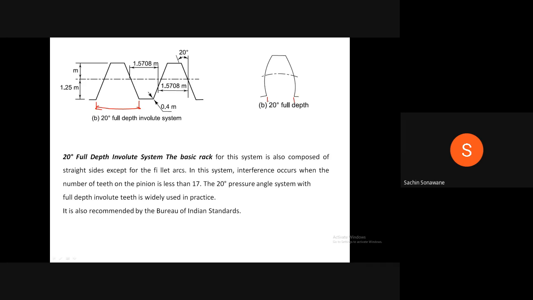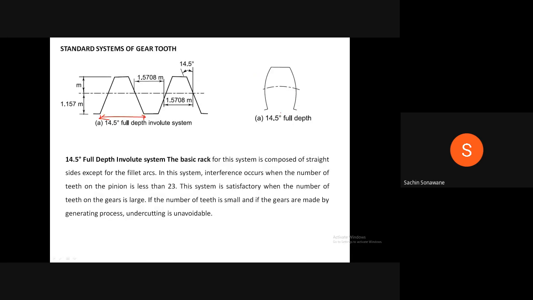This distance in case of 20-degree full depth involute and this distance in case of 14.5 degree full depth.